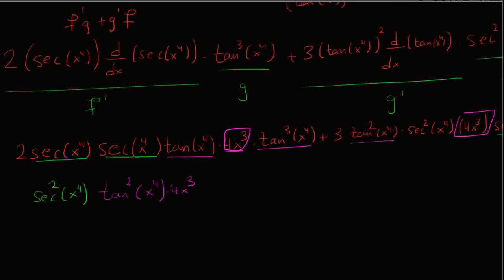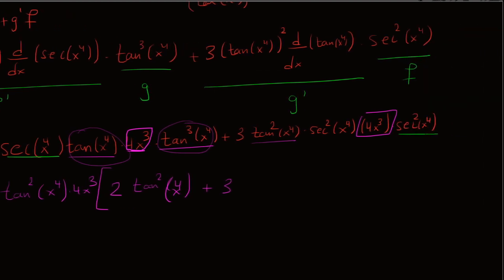Okay. So what's left? Let's see. We have 2, and then these guys will make tangent to the 4th. I have tangent squared, so that means I need another tangent squared. Then I need a 3. I need a, let's see, secant squared.